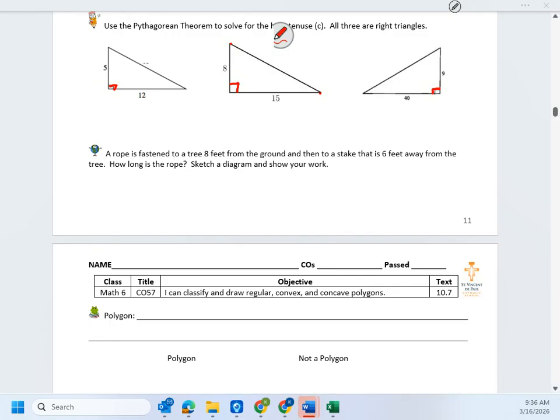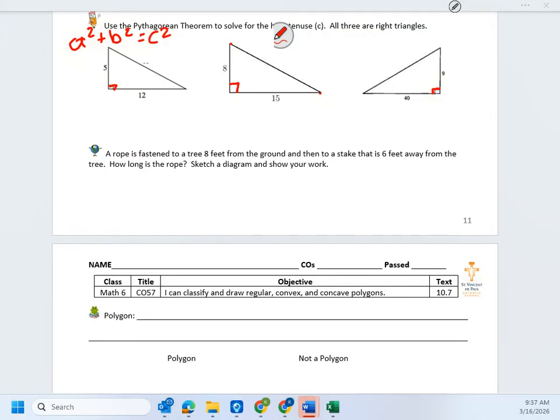We can't ever assume, but if the problem tells you it's a right angle, then you know, yeah, it is, and we can mark it ourselves. So you're going to use that formula, a squared plus b squared equals c squared.